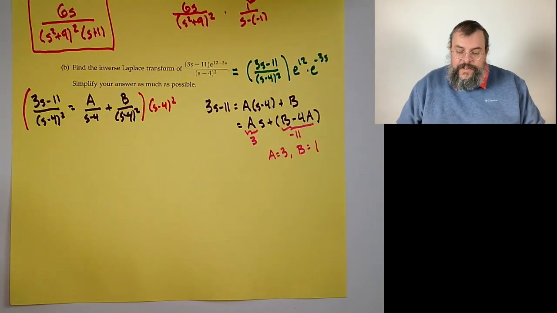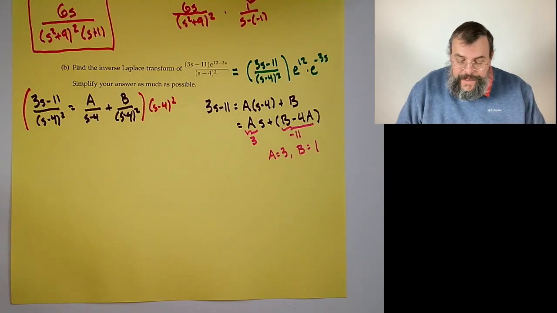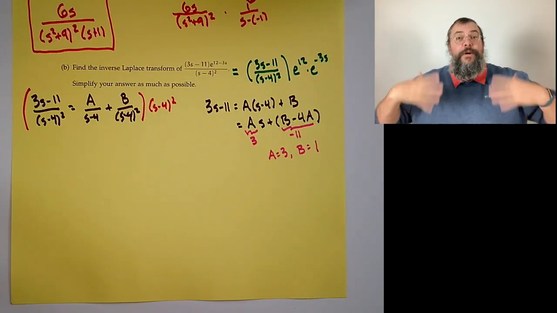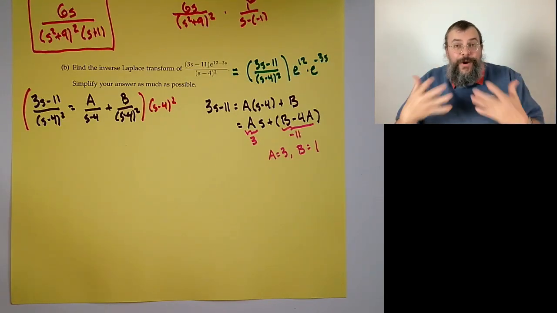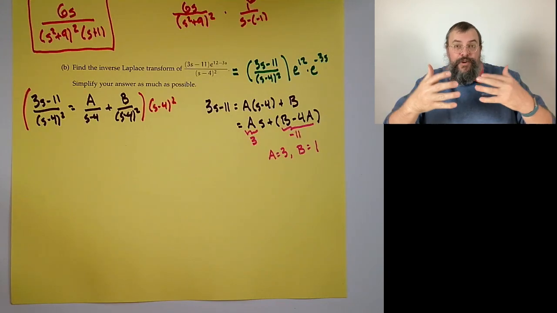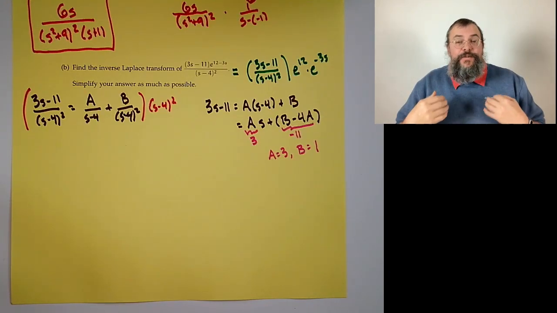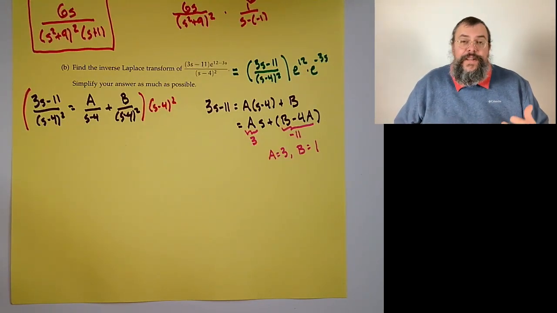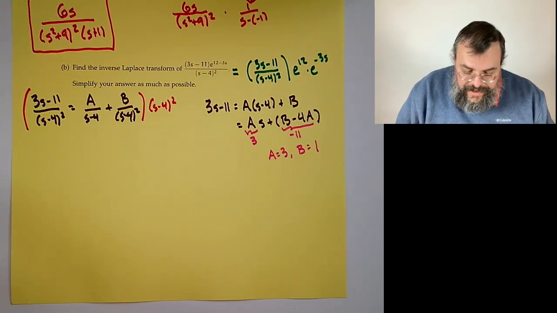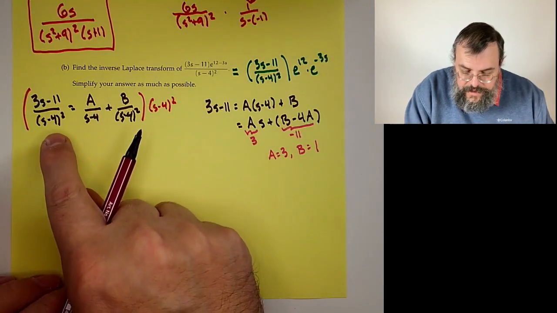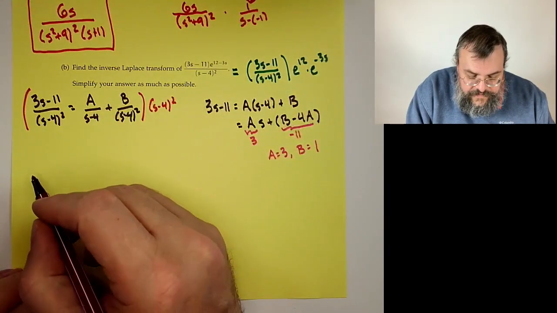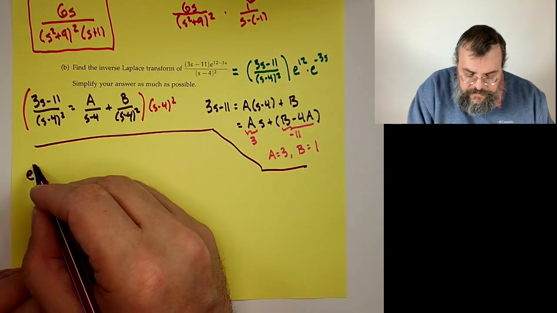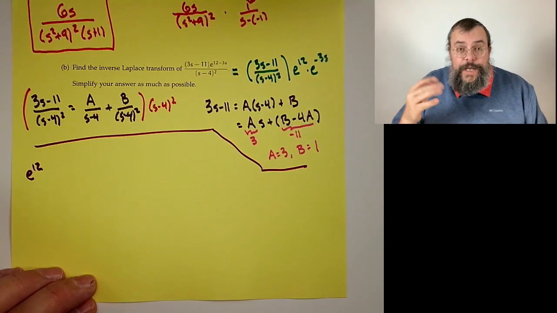Okay, so let's update what we have. As with almost every problem involving Laplace transform, most of the work happens before the transform. It's processing it, cleaning it up, getting you ready to carry it through. And then once you've carried it through, then you have a little bit of cleanup at the end. All right, so we're going to rewrite our original expression. We still have e to the 12. Well, that's all the way out in the front, so we'll just leave it in the front for right now. Hopefully that will clean up.